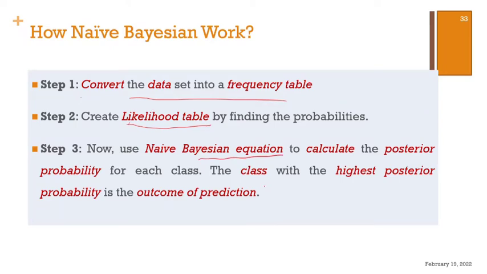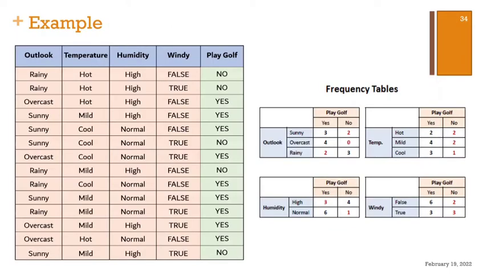The decision is then taken by assigning the class of that particular sample to be the class with the highest posterior probability, which is going to be the outcome of the prediction. So it's as simple as that. It's a probabilistic-based classifier.